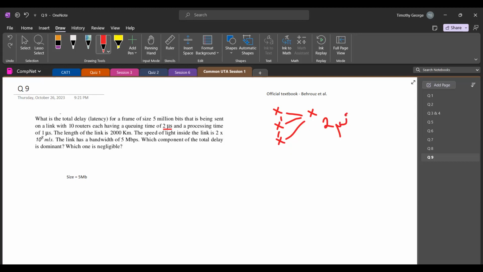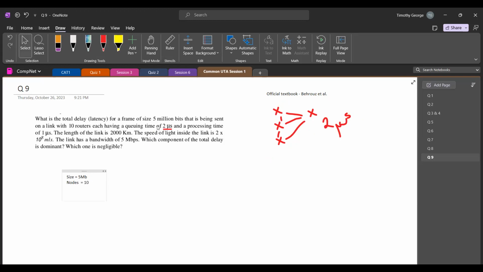So for the total delay in a network you'd have 2 microseconds here, here, everywhere, so you'll have to multiply by the number of nodes. You're given routers, so let me write nodes: 10. So you have 10 nodes in the network.